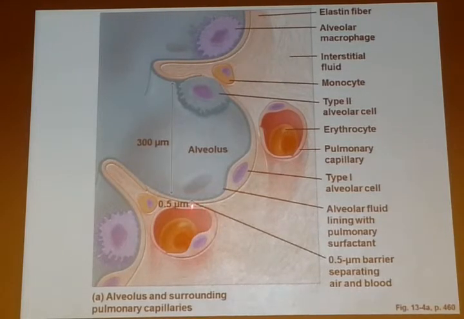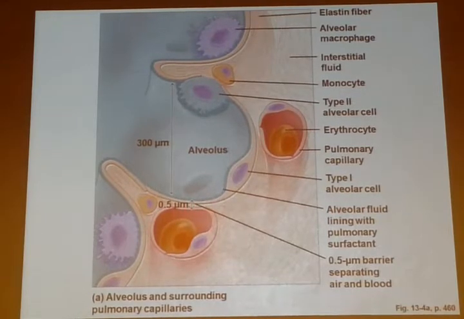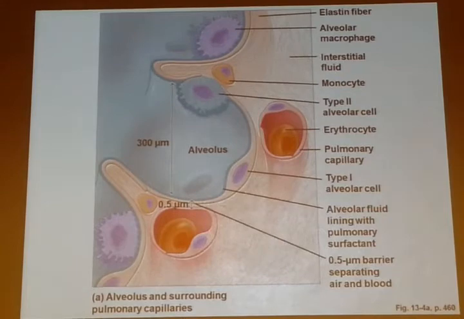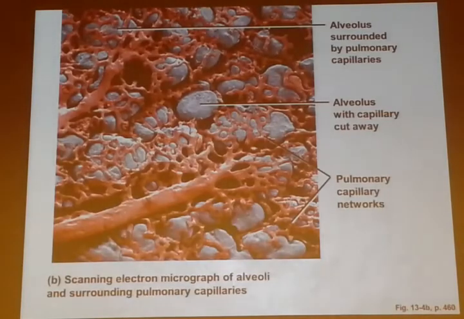So the diffusion barrier is surfactant, type 1 pneumocyte, shared basement membrane, and endothelial cell of the capillary. Alveolar macrophages, they'll be keeping everything clean and also getting rid of old surfactant so it doesn't clog up your alveoli.